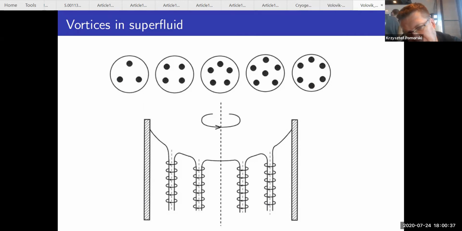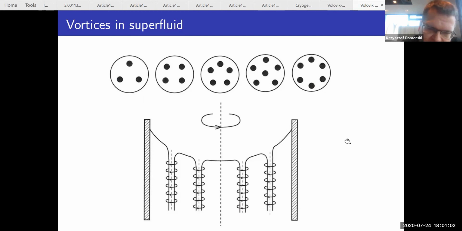The system is somehow equivalent to a superconductor placed in a magnetic field. So your rotation speed is like a vector potential, more or less. And then there's a formation of vortices in superfluid helium.